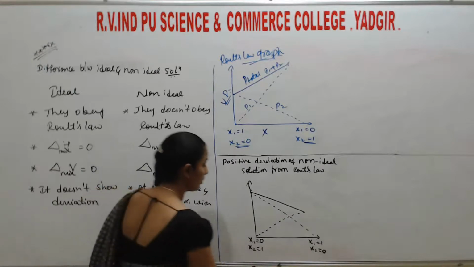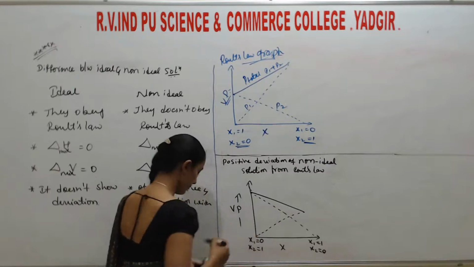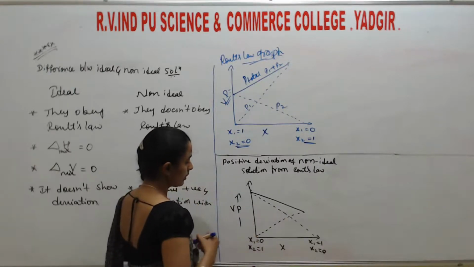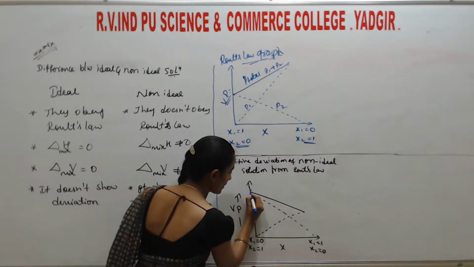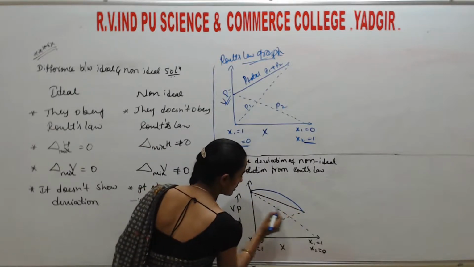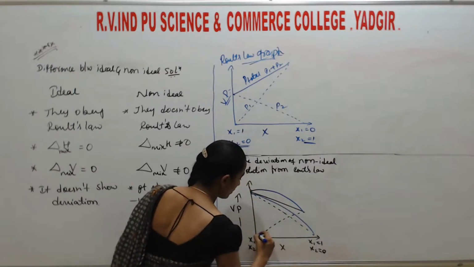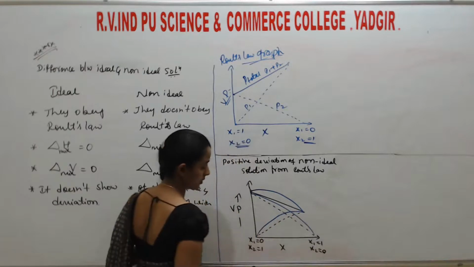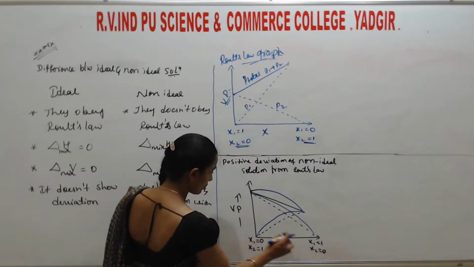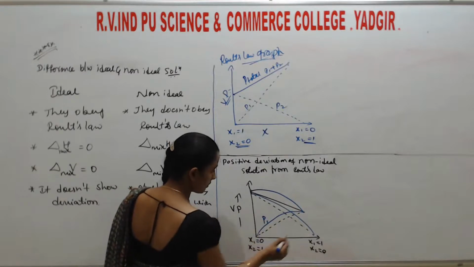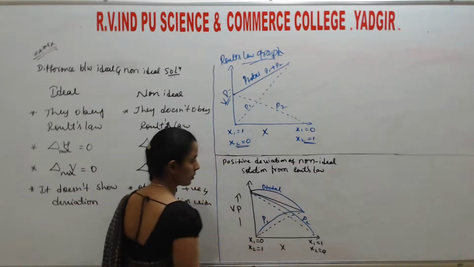This is mole fraction X, this is vapor pressure. Here we are showing the positive deviation of a non-ideal solution from Raoult's law. They show positive deviation. As it goes from 0 to 1, this is P1, this is P2, this is P total.